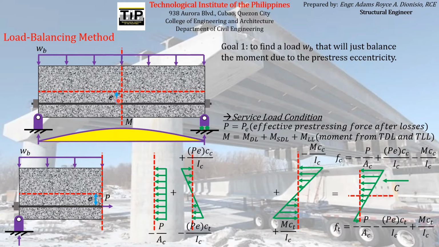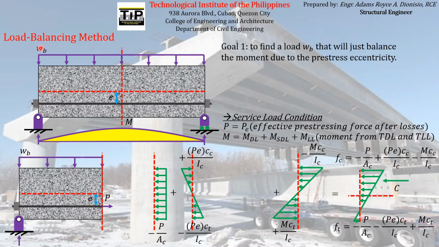And that eccentric moment, say for example, acting at midspan of the simply supported beam, must be balanced by the bending moment that will be produced by this balance load, which is usually just a portion of the total service loads, which are again the sum of the dead load, live load, and the superimposed dead load.